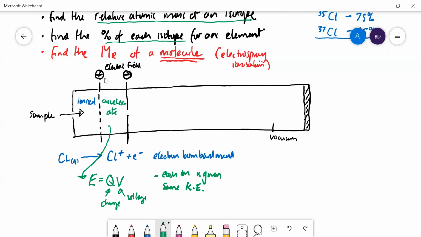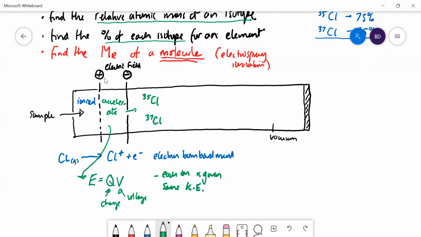So imagine in here now, they can escape through this hole here, and they're going pretty fast. So we've got 35Cl here, and we've got 37Cl.